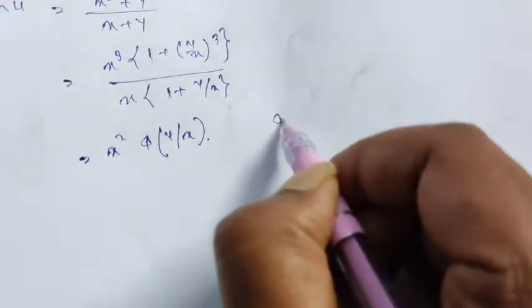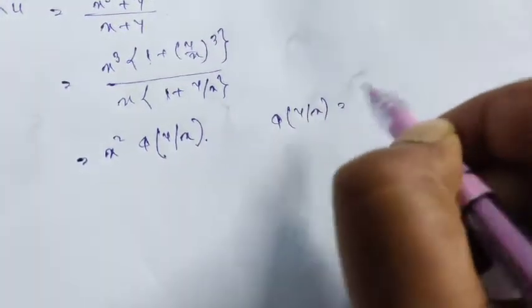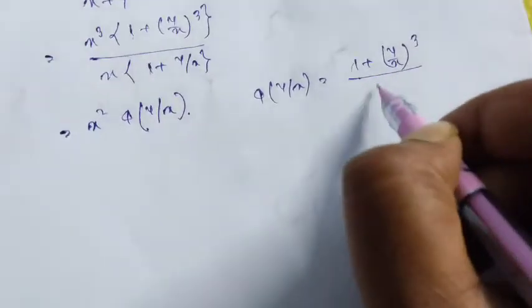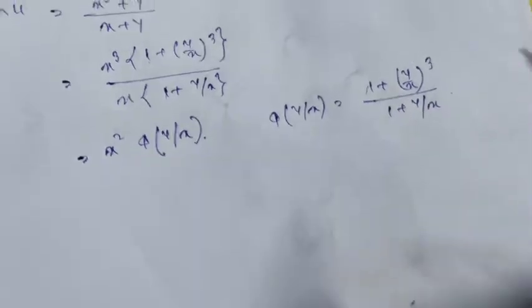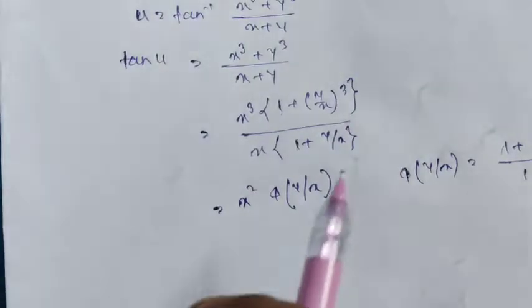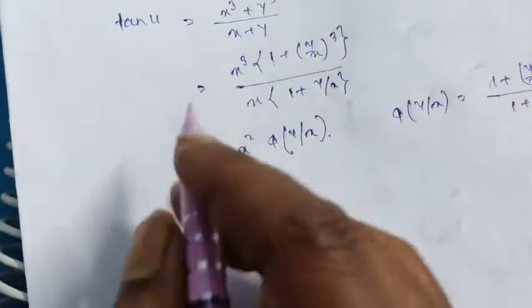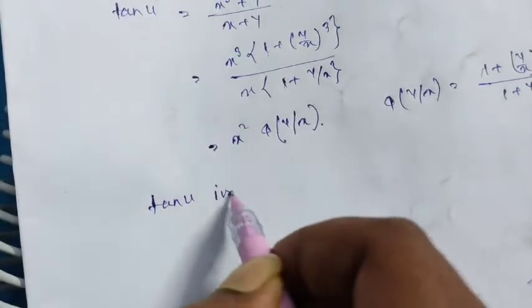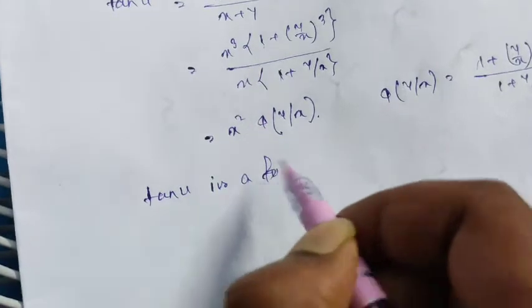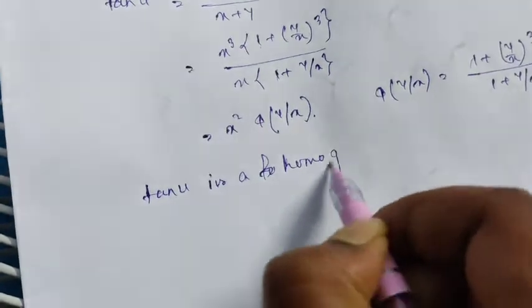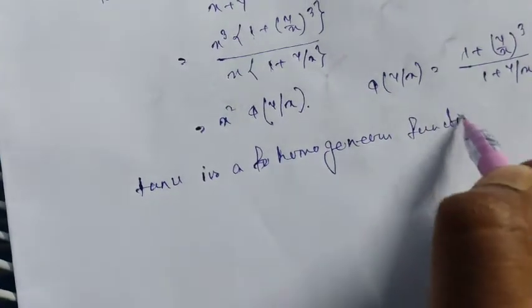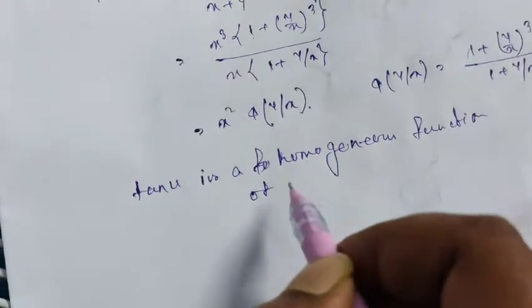And what is phi of y by x? That is 1 plus y by x whole cube divided by 1 plus y by x. From here we can say that tan u is a homogeneous function of degree 2.